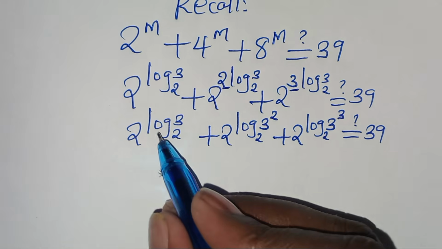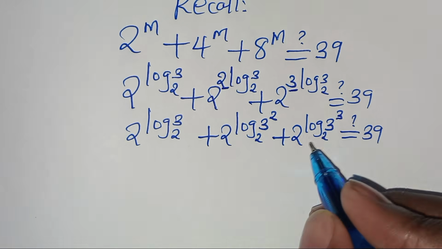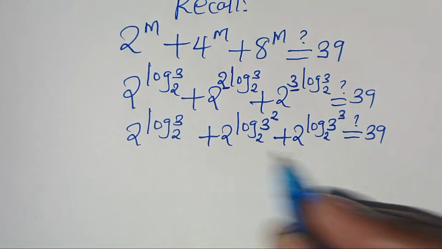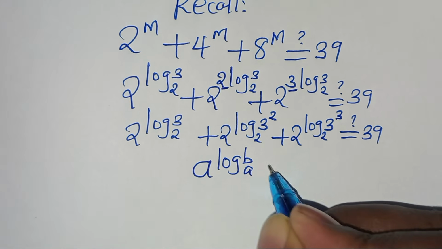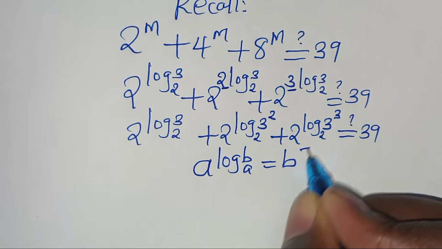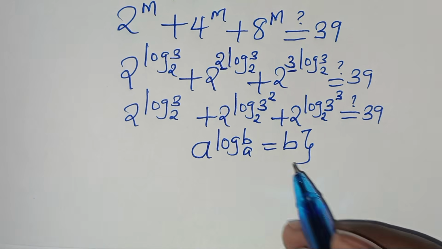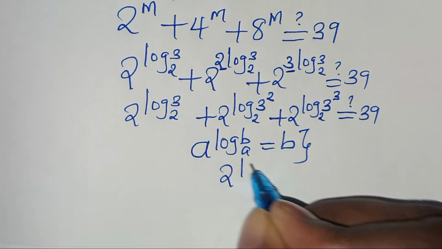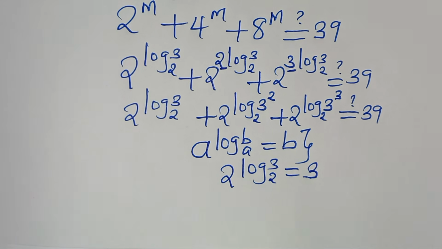Now we have that 2 to the power of log 3 to base 2, and 2 to the power of log 3 squared to base 2, and 2 to the power of log 3 to the power of 3 to base 2. This is in the form of a to the power of log b to base a, and this should give us a value of b. So let's apply this logarithm property so that we have 2 raised to the power of log 3 to base 2. This is equal to 3.